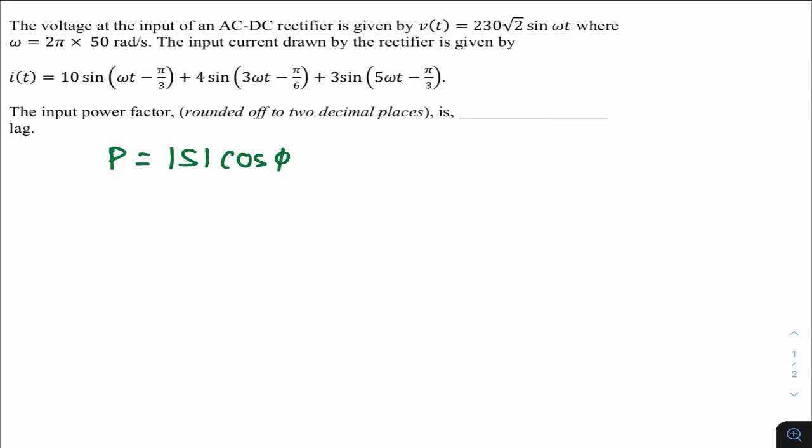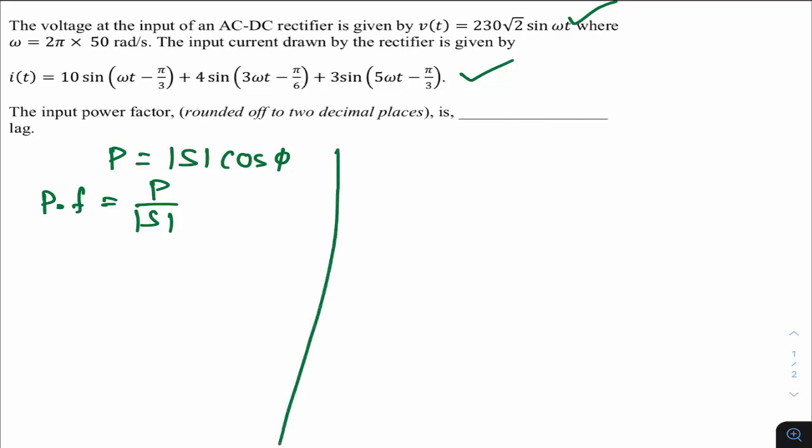So the power factor, cos phi, is given by P by mod S. Based on the voltage and current data, we can get P as well as mod S, and then substitute to get the answer. Now the question is, what is P and what is S? S is given by the product of V RMS magnitude into I RMS magnitude.